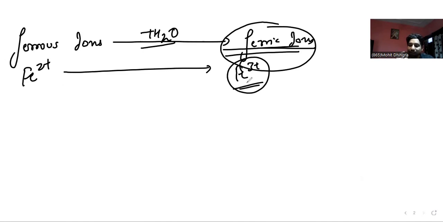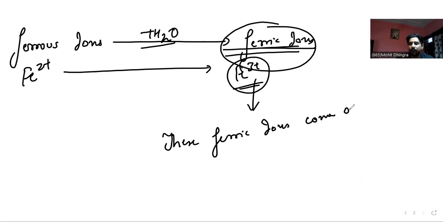Now these ferric ions will come out on the surface as rust.